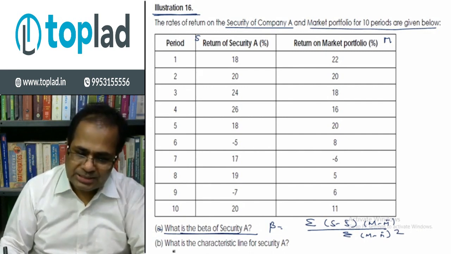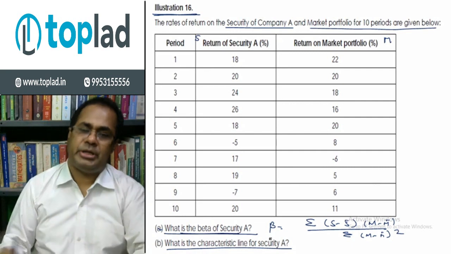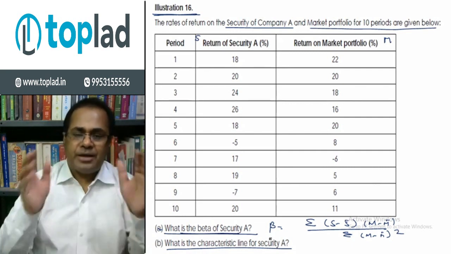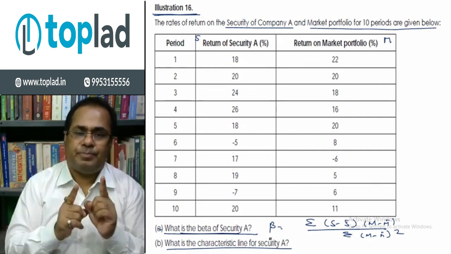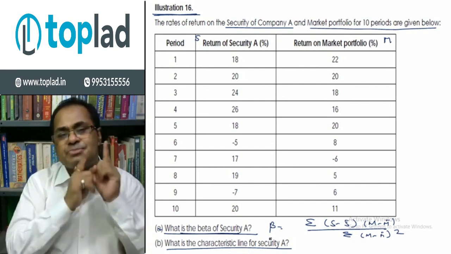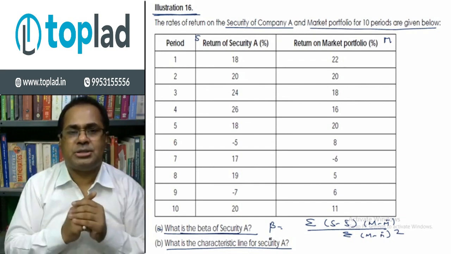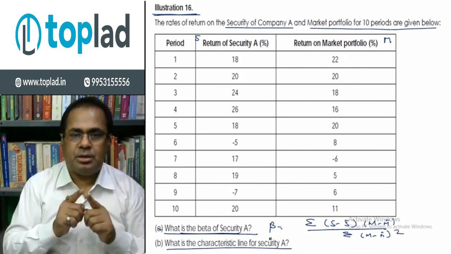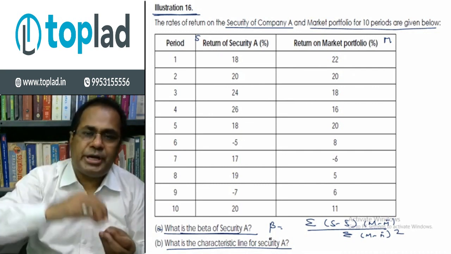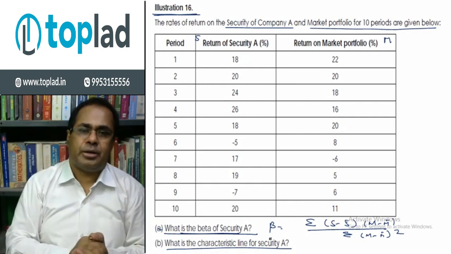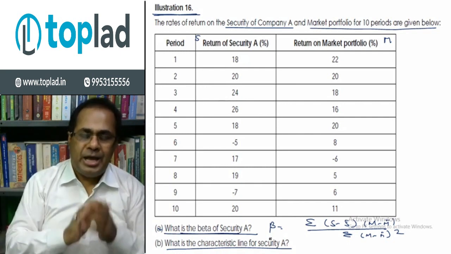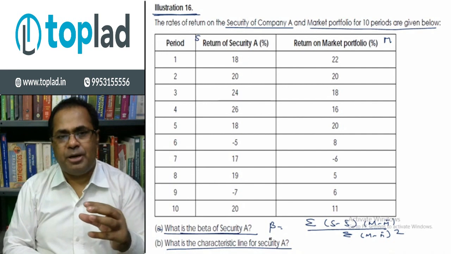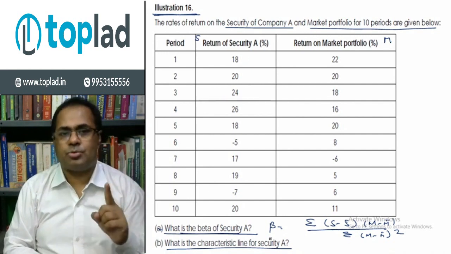Now here it is asking for the characteristic line for the security A. The characteristic line of the security represents the relationship between the expected return of the security and the expected return of the market. It represents that the return of the security depends on the return of the market and the security beta with some constant.